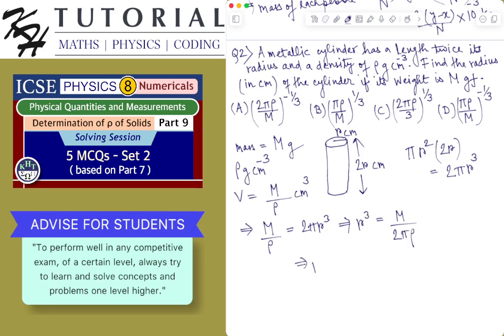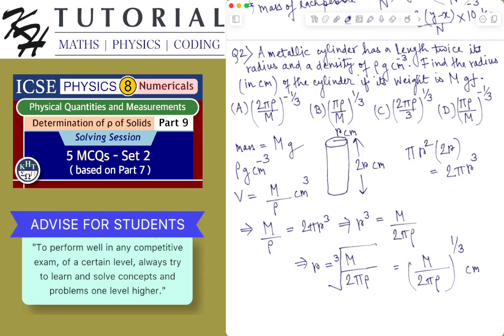This implies r will be equal to cube root of m by 2 pi rho, which in the exponential form is m by 2 pi rho, this whole raised to the power 1 by 3. So this much centimeter should be the radius of the metallic cylinder.